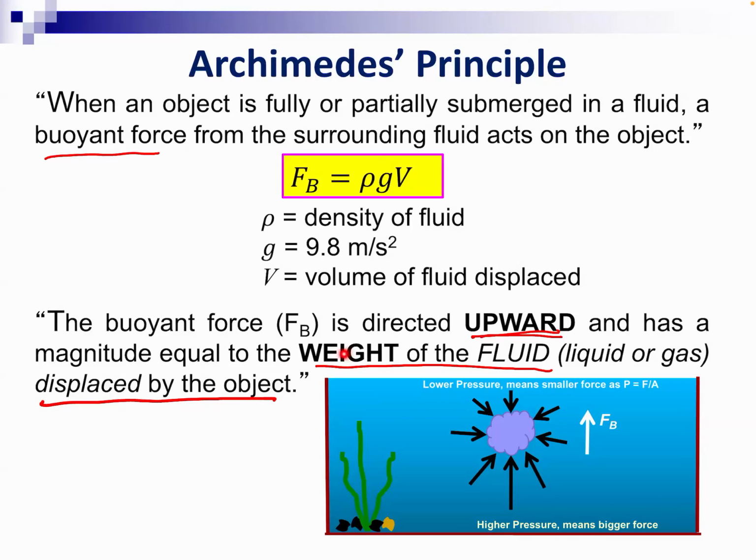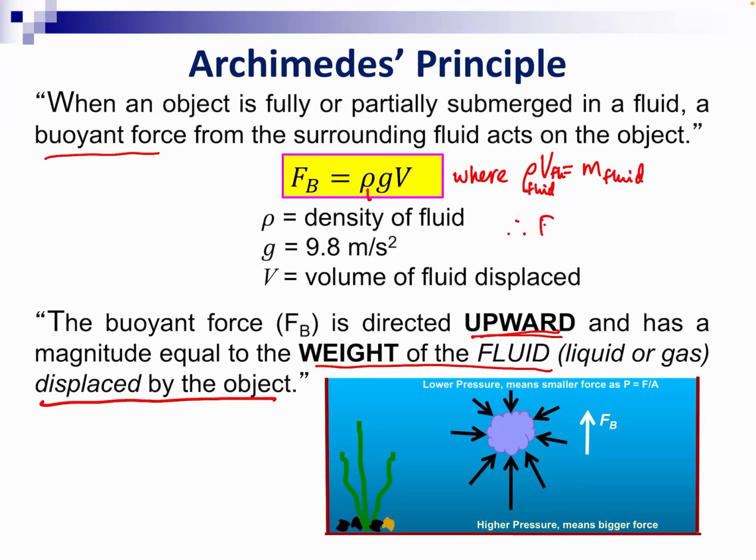So the weight of the fluid displaced by the object is written down in this equation as rho times V. So rho times V, where density times volume, this is equal to the mass of the fluid. That's density of the fluid, volume of the fluid, and therefore that's the mass of the fluid.